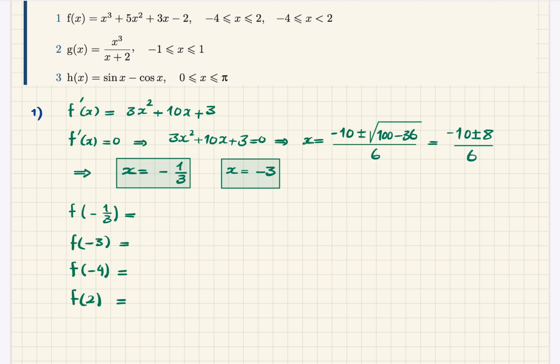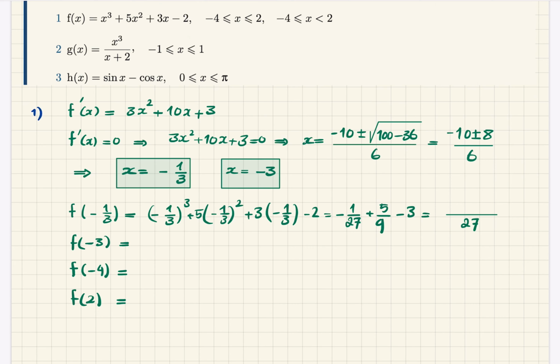So what happens here, I will have minus a third to the power 3 plus 5 times minus a third to the power 2, and then plus 3 times minus a third minus 2. This is a bad number, so it's minus 1 over 27, positive 5 over 9, and then I have minus 1 and minus 2 is minus 3. So let me take the common denominator to be 27.